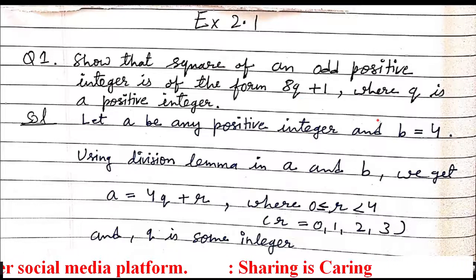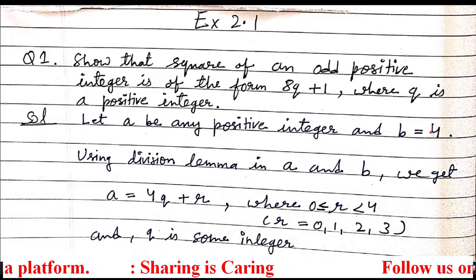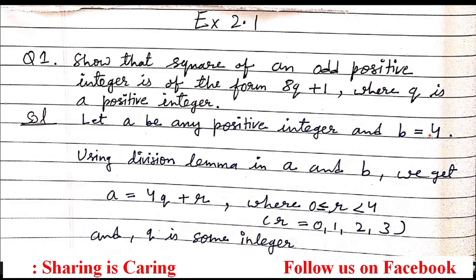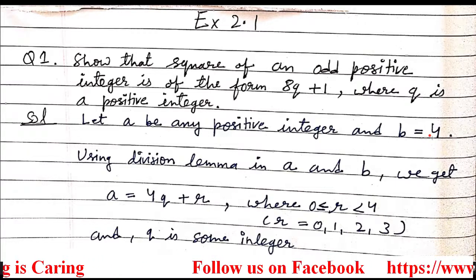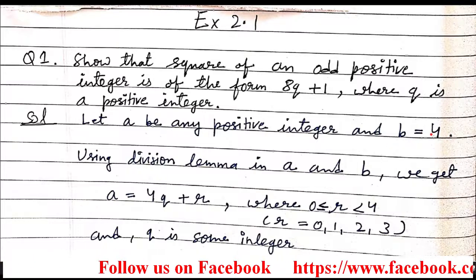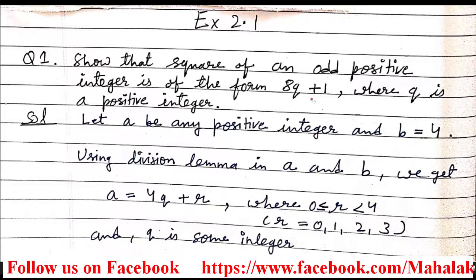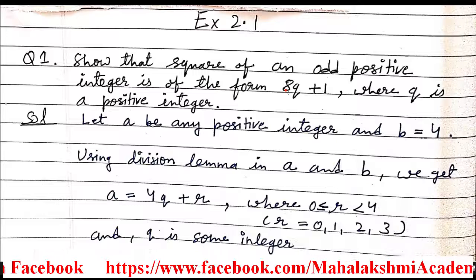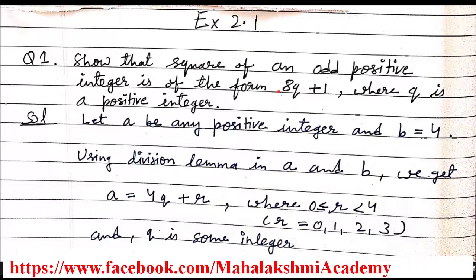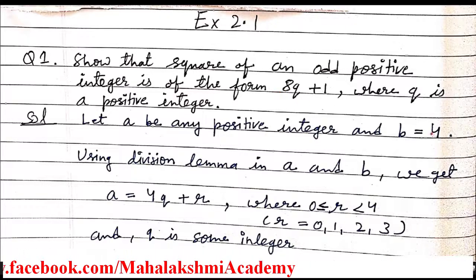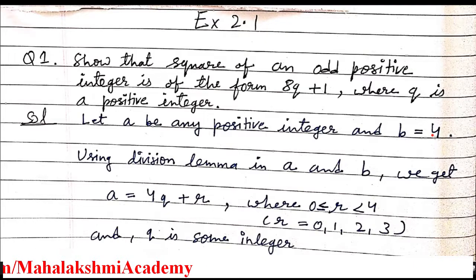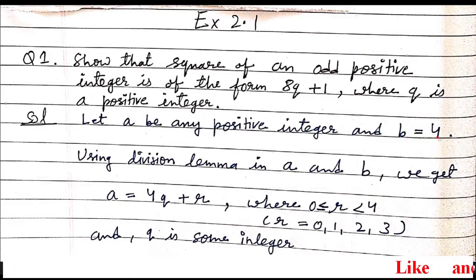So you can take 2 as well as 4. Better to take 4, then you will get a variety of numbers. I am repeating again why I selected 4: because 8 is divisible by either 2 or 4. Just take 4, because if we take 4, then we can get many choices for the remainder. That's why we are going to select b equal to 4.